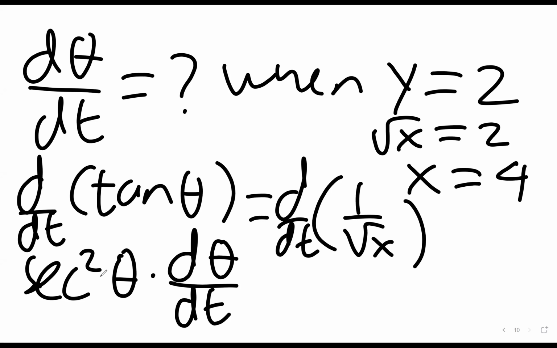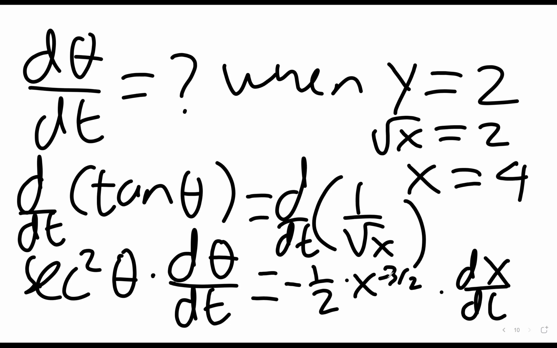On the right hand side, this equals x to the power minus half, actually. So we'll have minus half x to the power minus 3 over 2, because, and then multiplied by dx/dt.